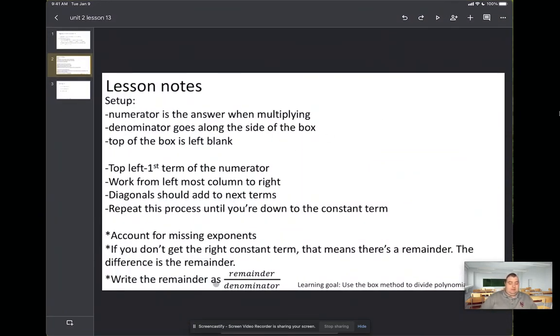We're going to write the remainder as a fractional extra term, in which the remainder number is in the numerator and the original denominator is in the denominator.